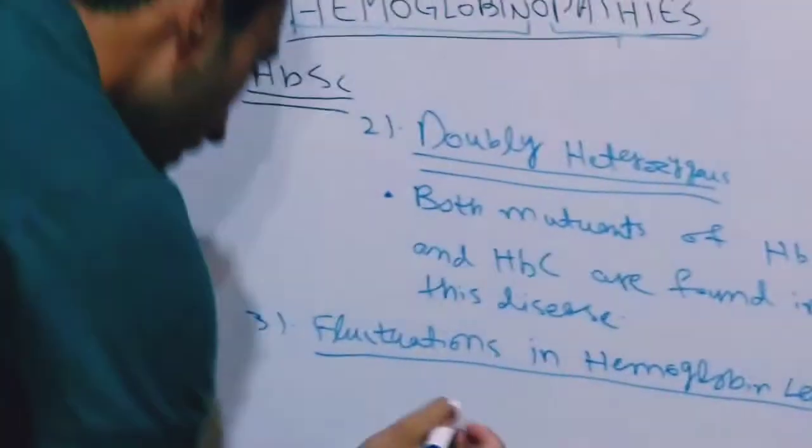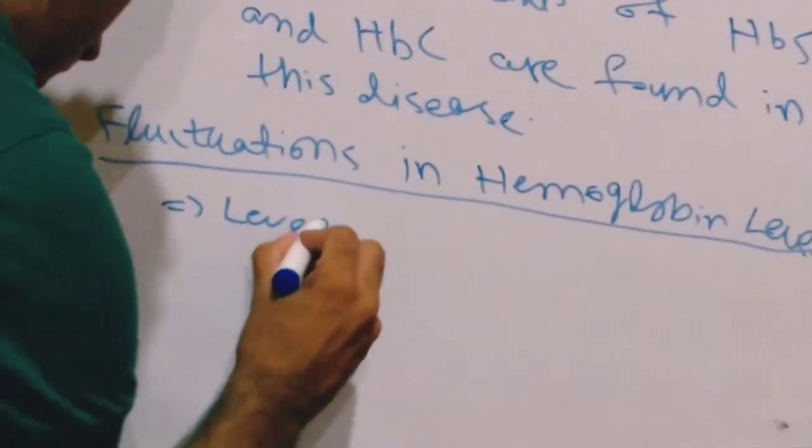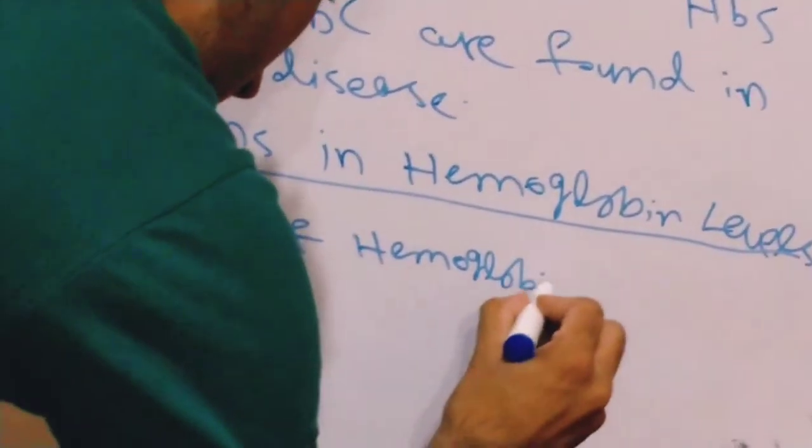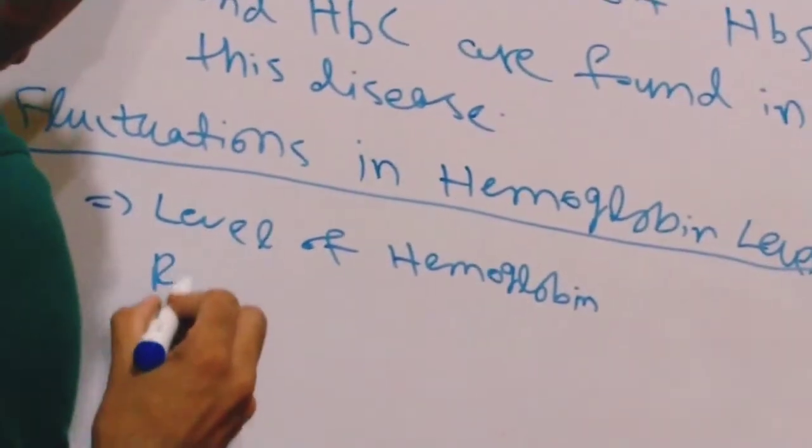Which means that sometimes the level of hemoglobin mounts so high, and sometimes the hemoglobin levels decline to a low number. So the level of hemoglobin rises and falls.